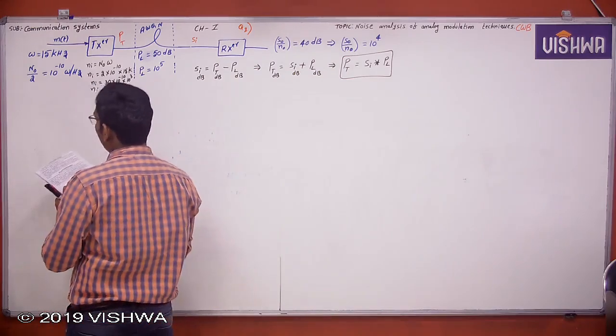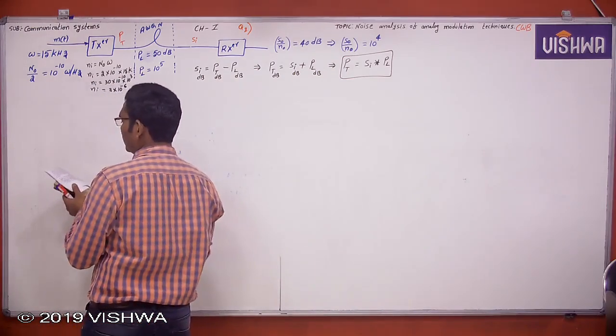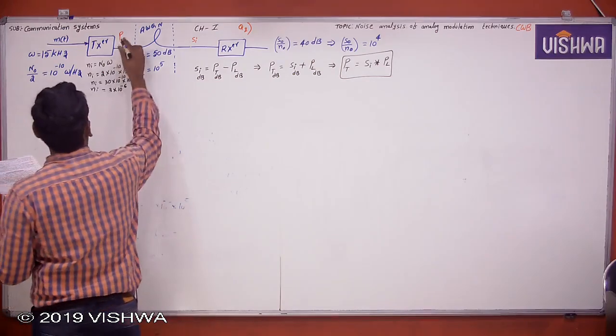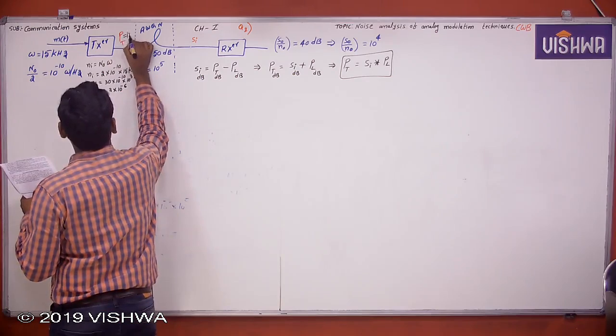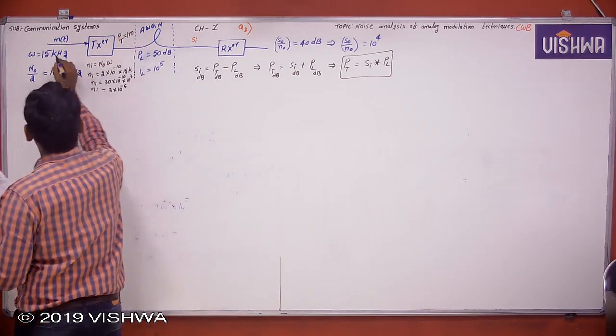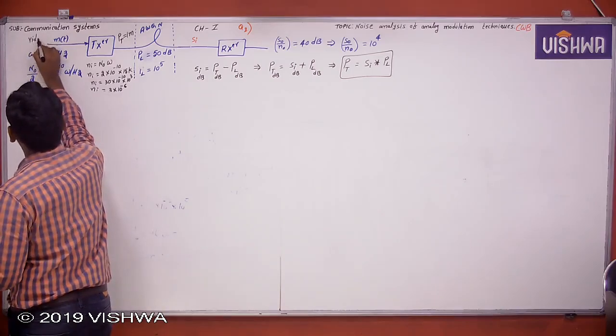Now a video signal, a 1 milliwatt video signal, means here power is given. Which signal? Video signal.